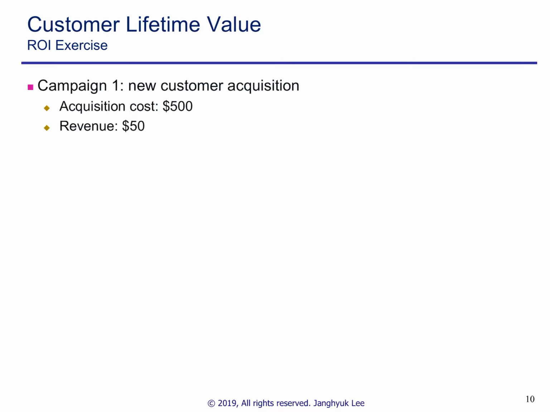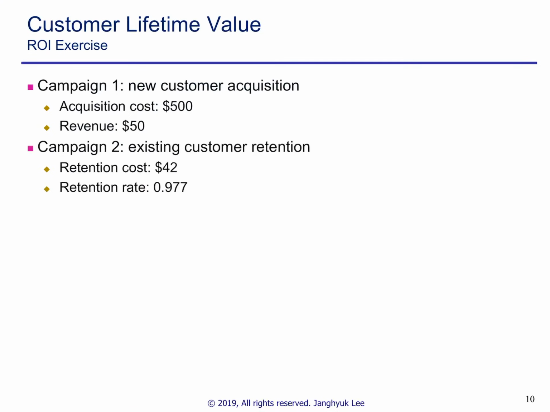Another example, an existing customer retention program. The company can provide an attractive reward to existing customers, like a hotel loyalty program. They may provide an additional discount for their customers in order to keep them staying longer. So this other campaign for existing customer retention may cost a little bit more.